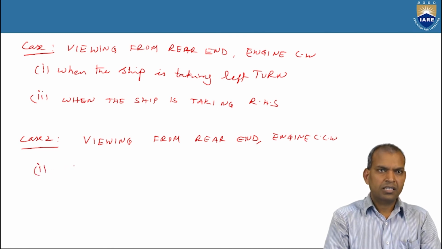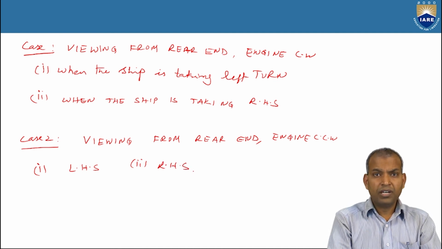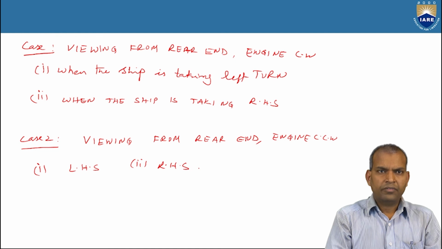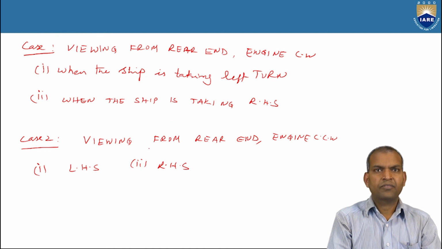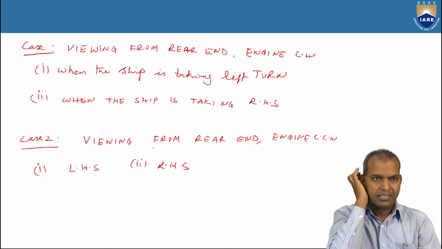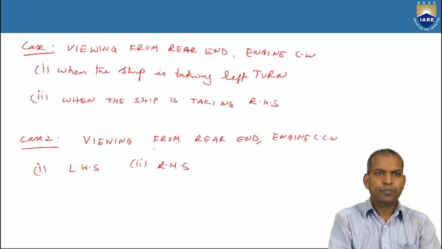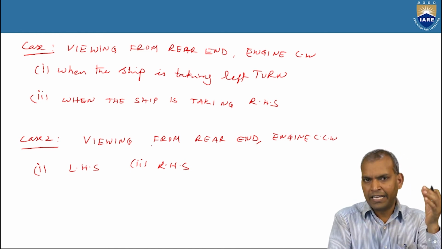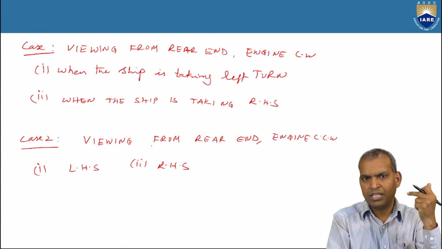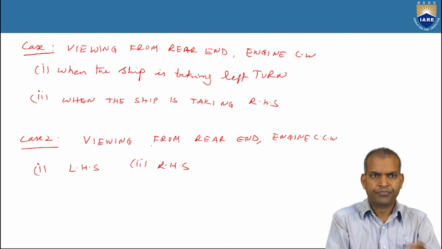Under those cases, the ship turns left hand direction, and again the second case is right hand direction. There are 4 cases for when the engine takes a turn to the left side, right side. Now the point is that we are considering only the rear direction, so that we can easily understand all cases.